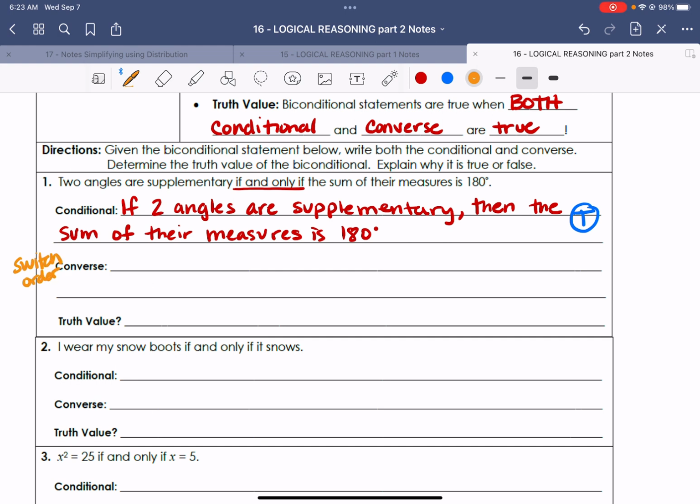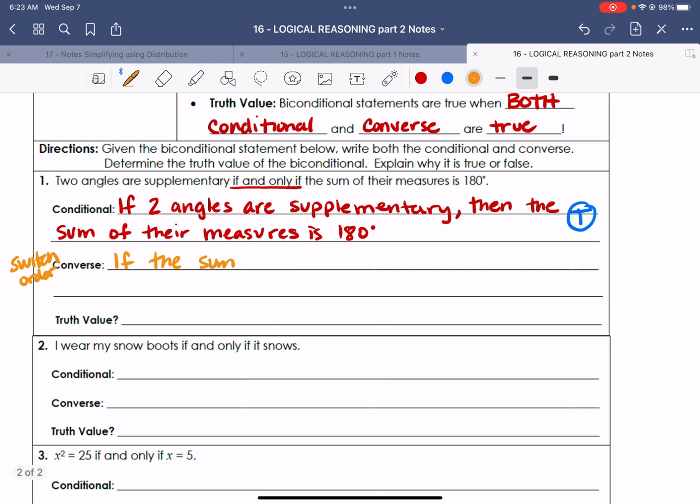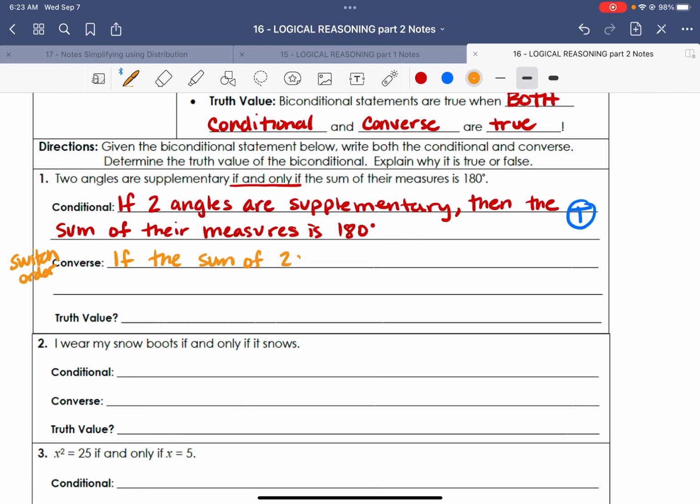If the sum of two angles is 180 degrees, then, now we do the beginning part, they are supplementary.